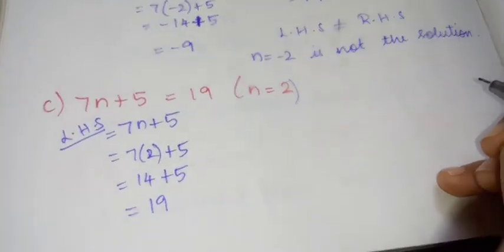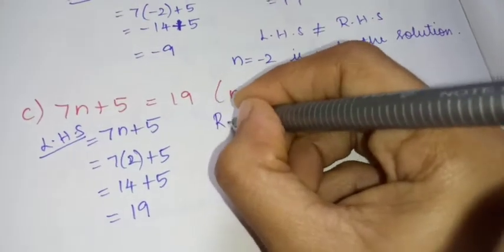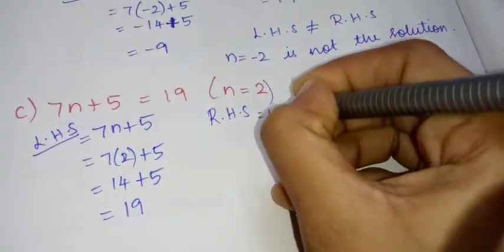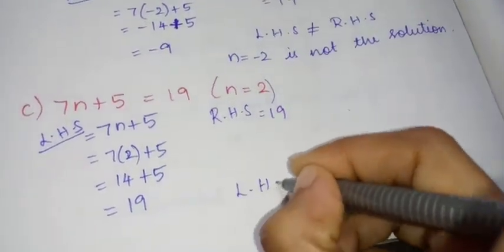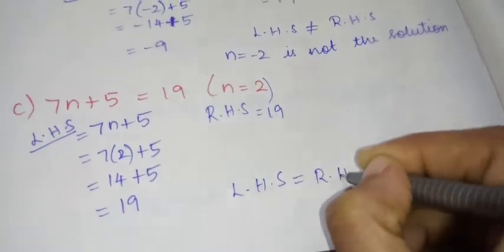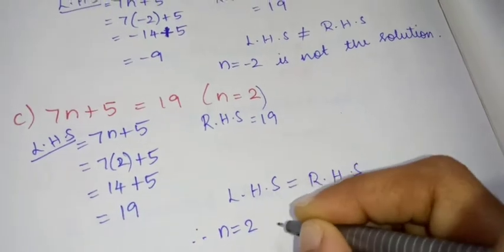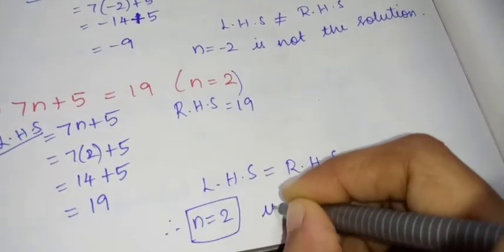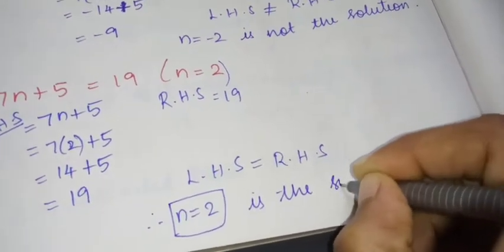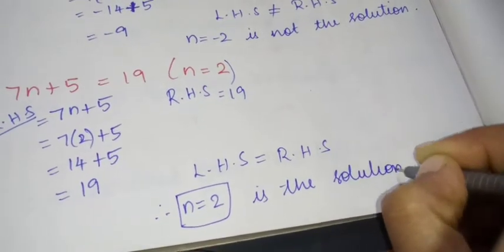So what is the LHS value? 19. RHS is already 19. So LHS is equal to RHS. Both are equal. Therefore, n is equal to 2 is the solution.